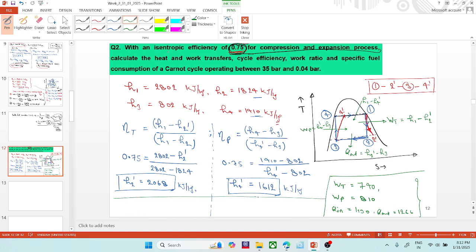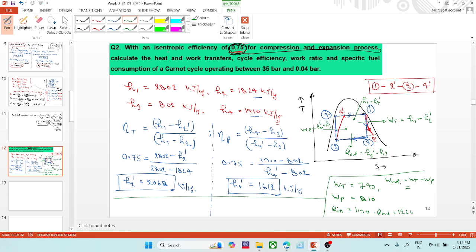Okay, and similarly I can calculate the things which I have calculated in the previous problem. Let me write the formula here only. Here W net, I also can calculate as WT minus WP.